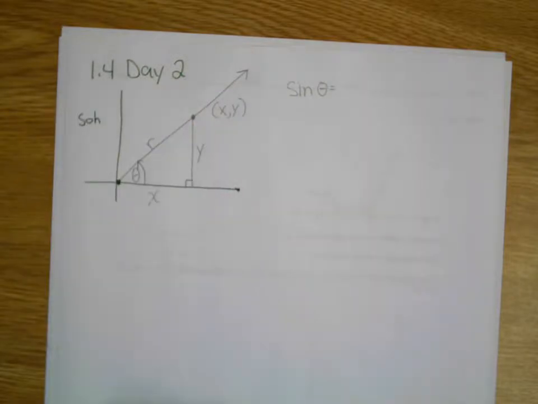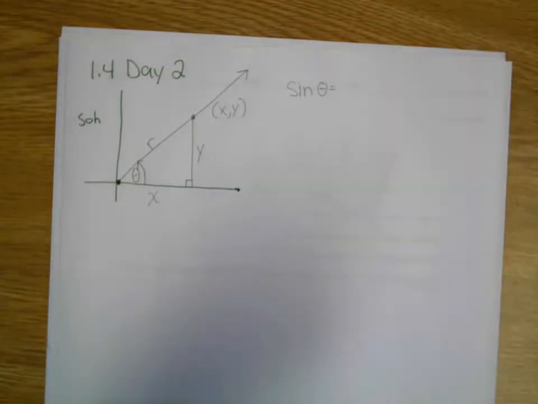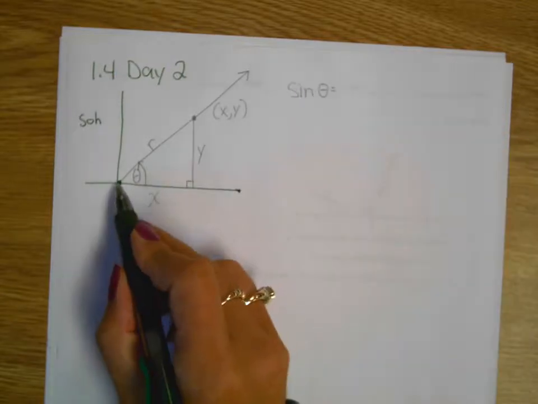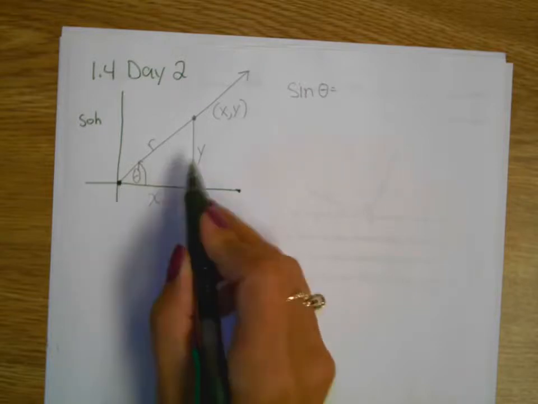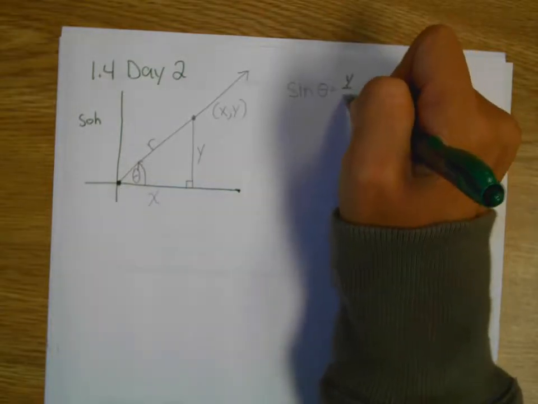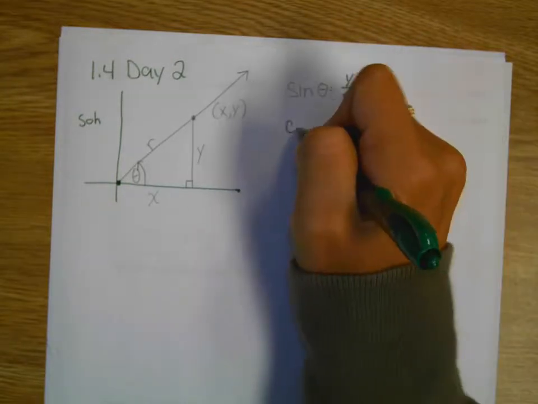Opposite over hypotenuse. What 2 sides will that be? Standing here, opposite over hypotenuse will be? Y over r. Again, sine's always attached to the y. Cosine.